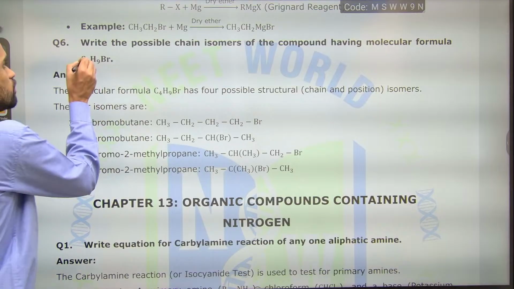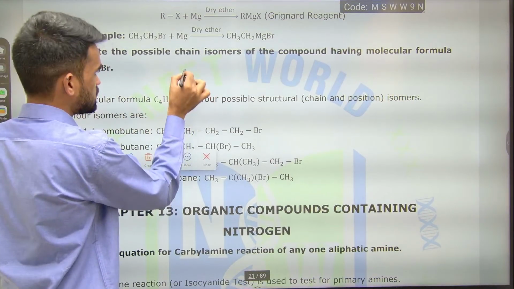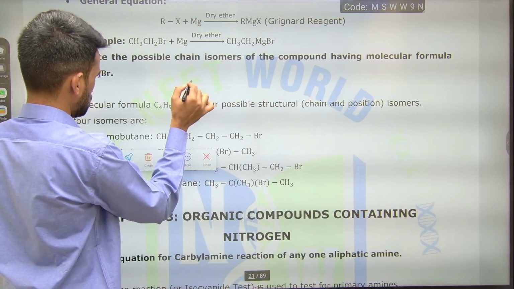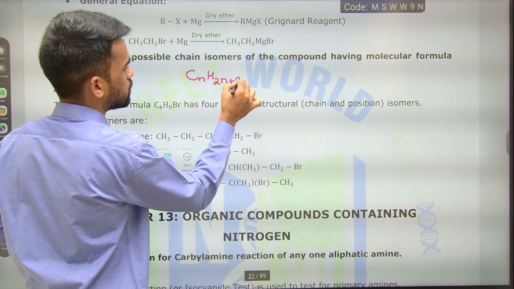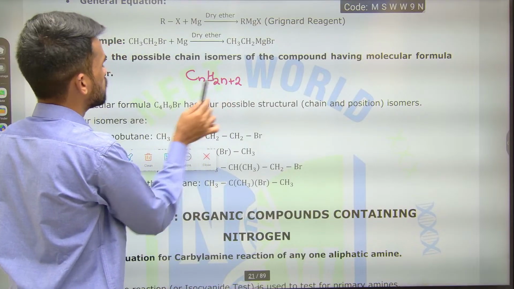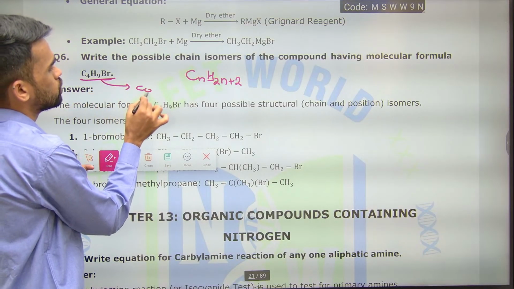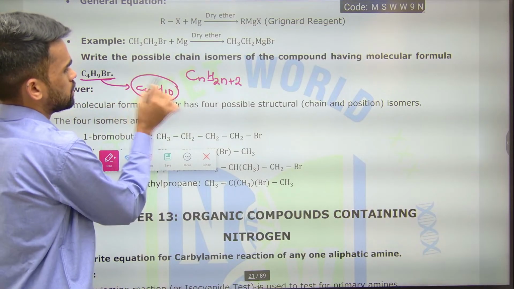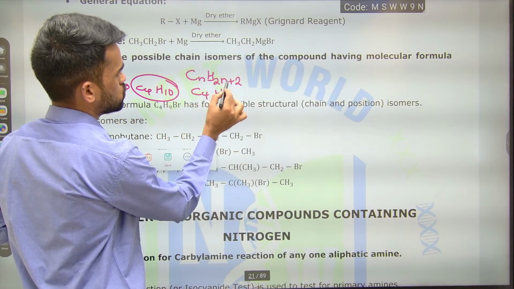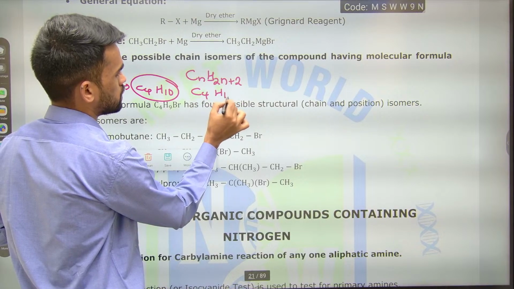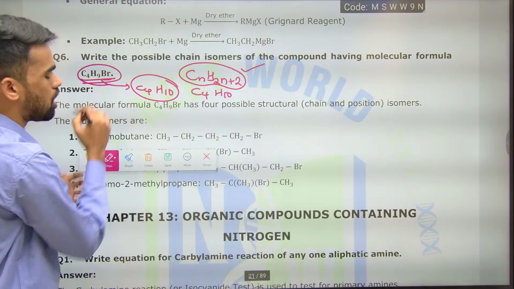We know the general formula of alkanes as CnH2n+2. Here it can be hydrogen or any monovalent atom. So here you have a formula something like C4H10. Try to substitute here: C4H2n+2, so 2 times 4 is 8 plus 2, so 10. It is satisfying this formula, which means the given compound is an alkane.